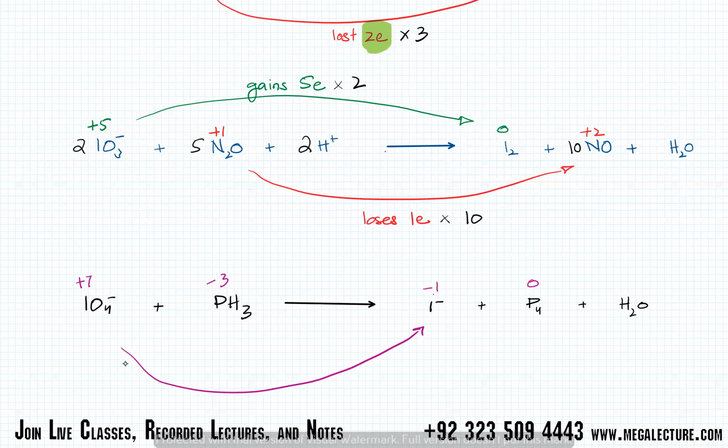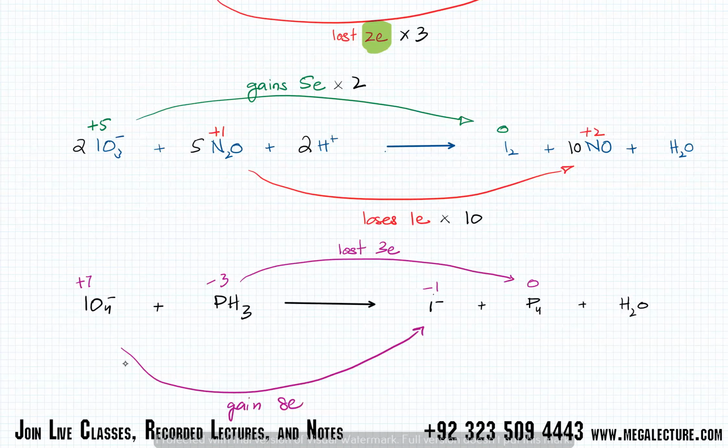So how many electrons, what happened to I? Gain of 8. It gained 8 electrons, okay, so it ends up gaining 8 electrons. P on the other hand goes to 0, so that means it lost 3 electrons, right? So you just have to make them equal.